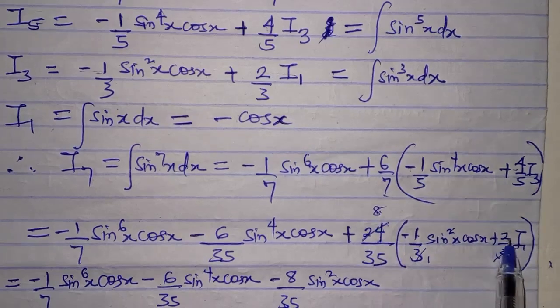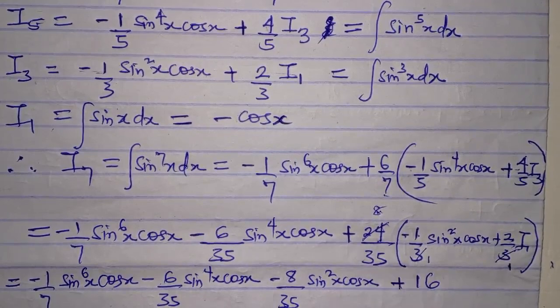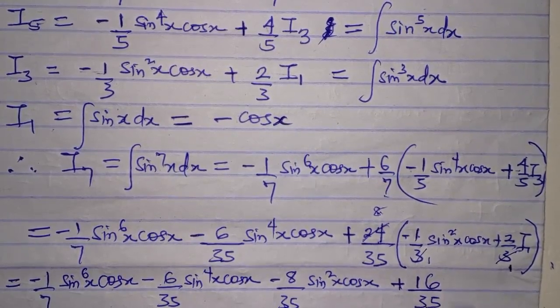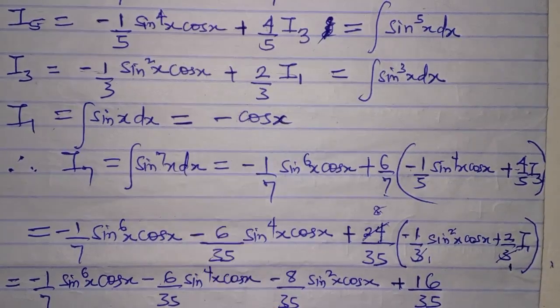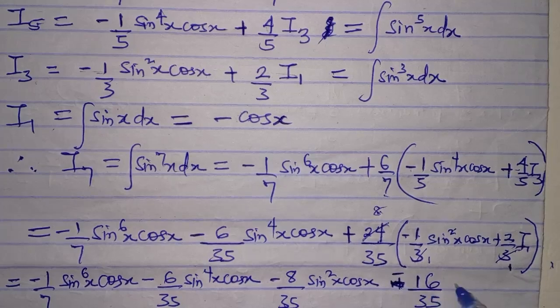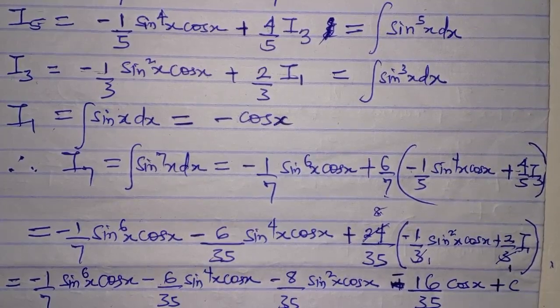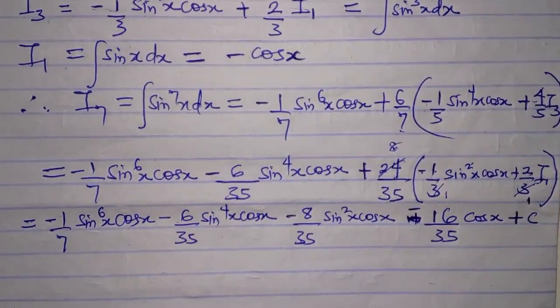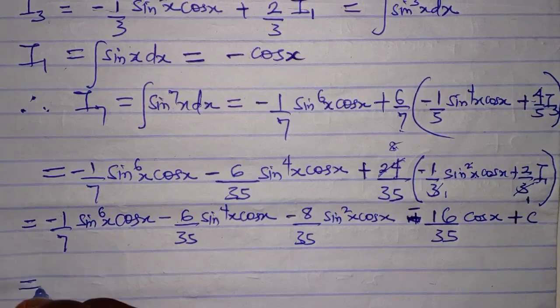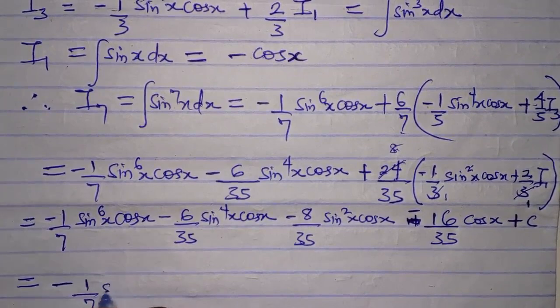Okay, 8 times 2, that's 16 over 35 I1. So what's I1? I1 is minus cos x, right? So we're actually going to write minus, I'll add a constant of integration to it. So we have and 1/7.